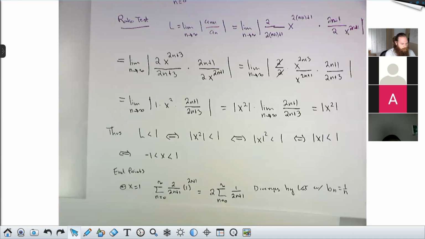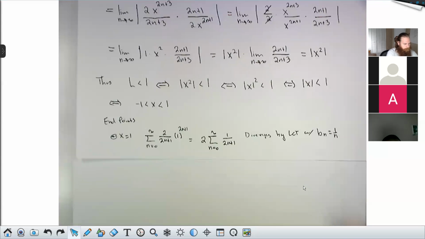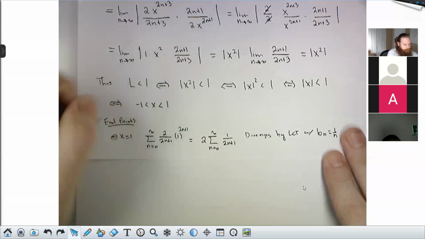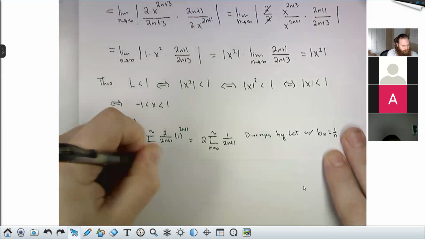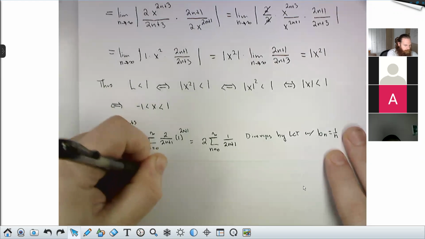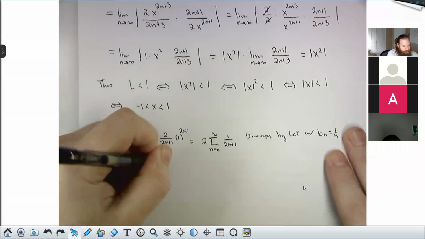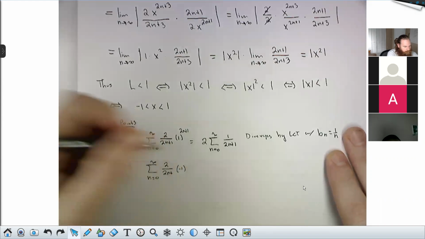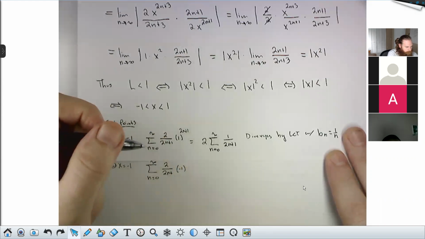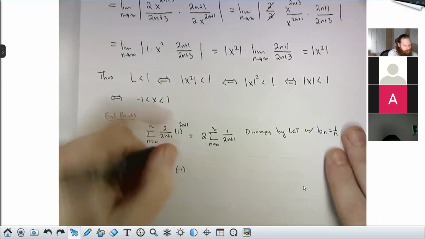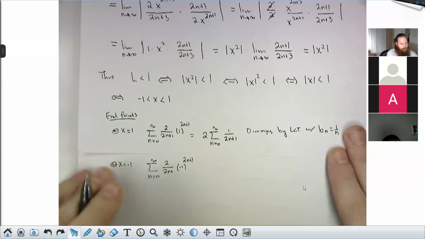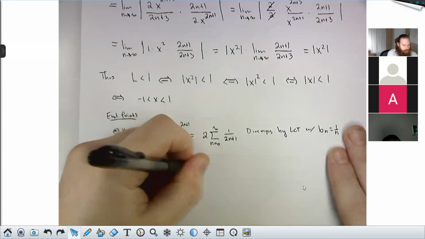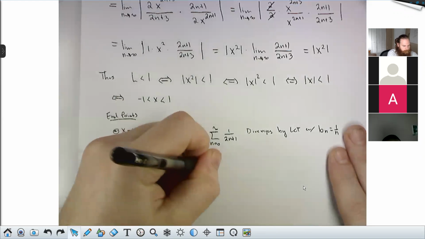At the other endpoint, my series is sigma n from 0 to infinity 2 over 2n plus 1 times negative 1 to the, what's my power here? 2n plus 1. And just like before, this 2 can pop out.